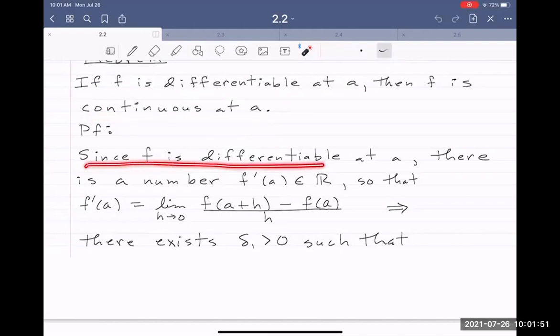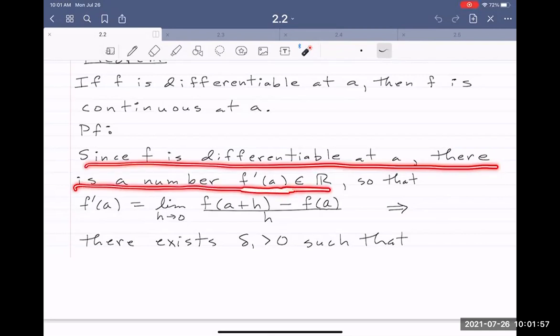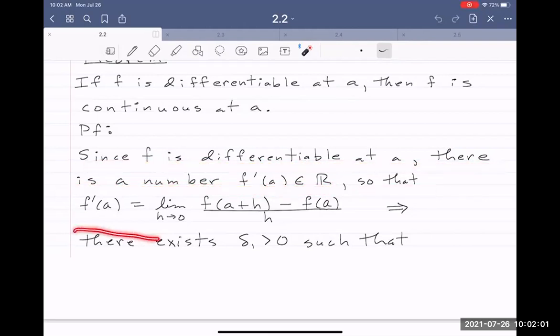Since f is differentiable at a, there exists a number, let's call it f prime at a, some real number, so that f prime of a is equal to the limit as h approaches 0 of f of a plus h minus f of a over h. That's just the definition of what it means to be differentiable at a.